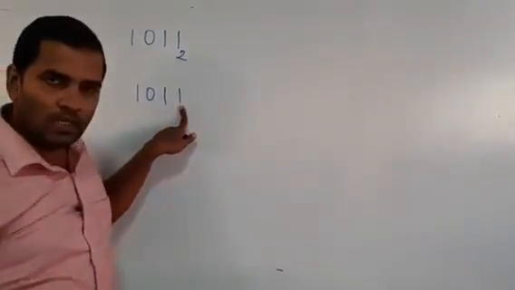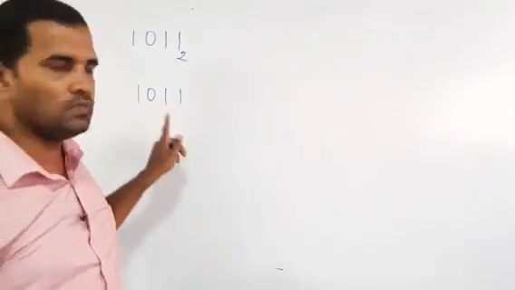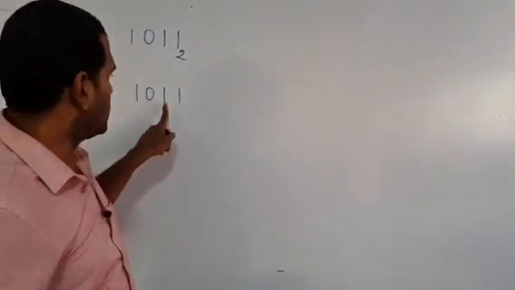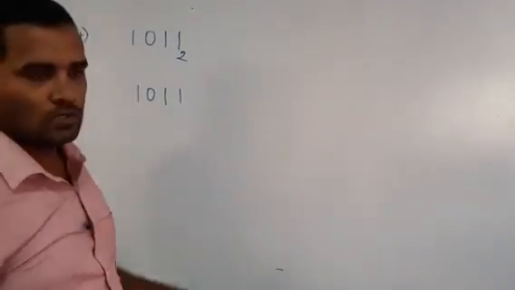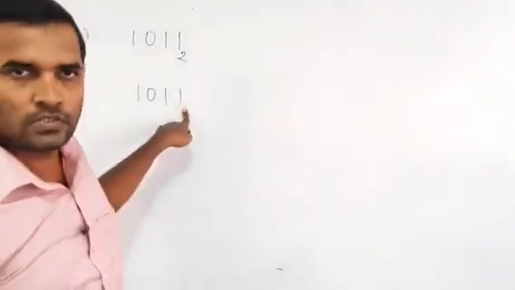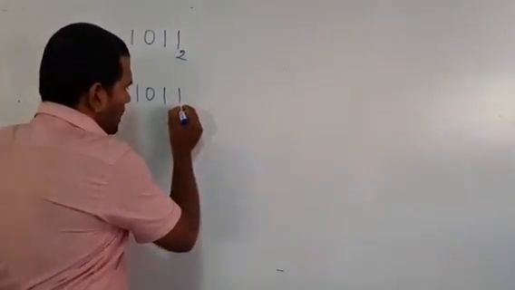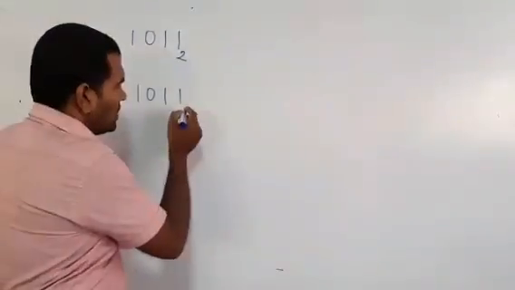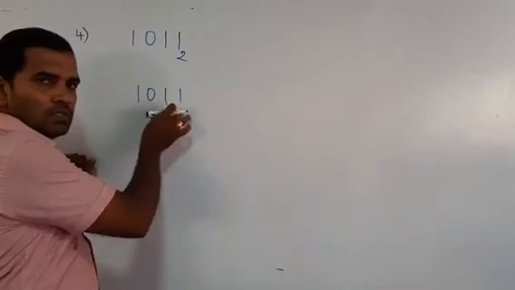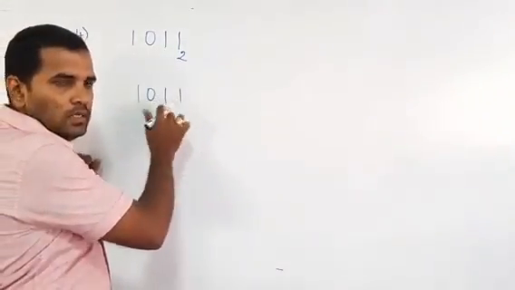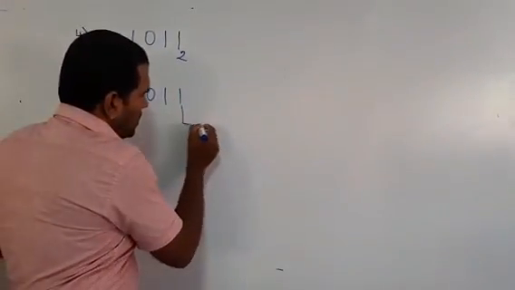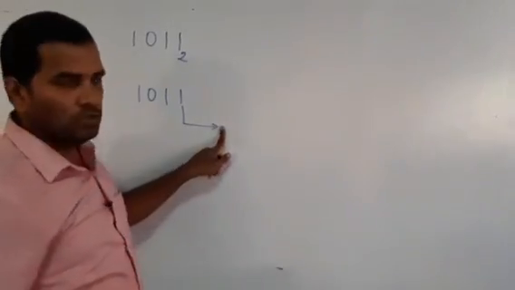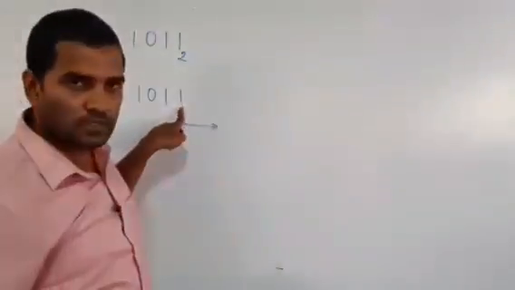We have 4 digits in this binary number. What I'm going to do is write the position of these digits. I may write on the bottom part, but when you have numbers very close, it is a little difficult, so I put an arrow here and write the position of the first digit.